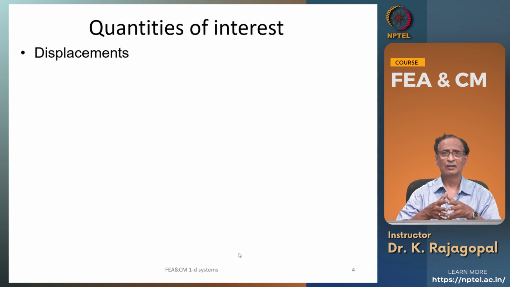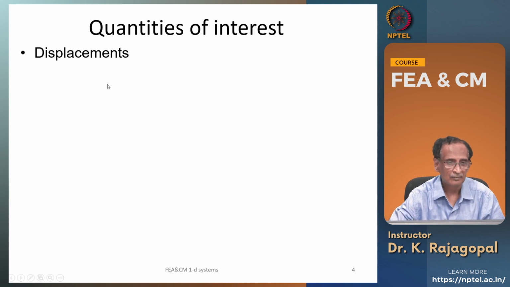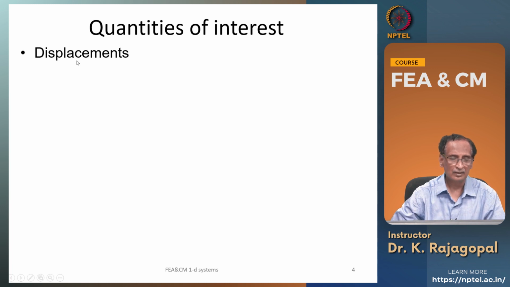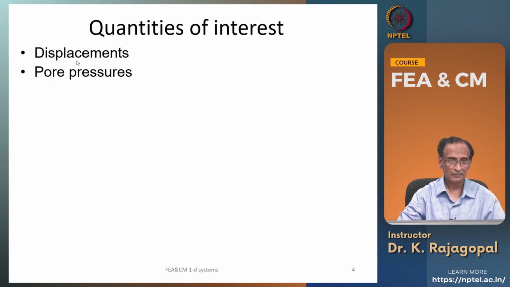let us see what are all the quantities that we solve for in any geotechnical problem. The first quantity is displacements. Displacements could be only one when we are dealing with one-dimensional problems, or 2 at each node when we are dealing with 2-dimensional, and 3 when we are dealing with 3-dimensional problems.